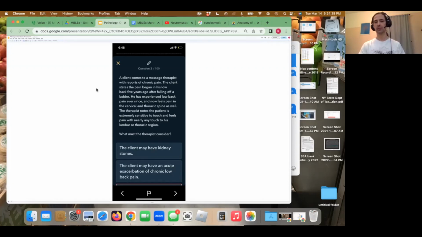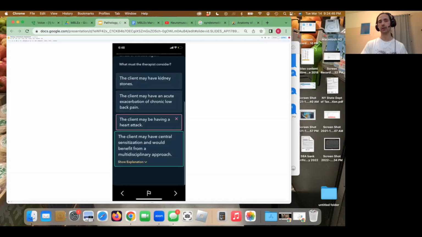What must the therapist consider? The client may have kidney stones. The client may have an acute exacerbation of chronic low back pain. The client may be having a heart attack, or the client may have central sensitization and would benefit from a multidisciplinary approach.